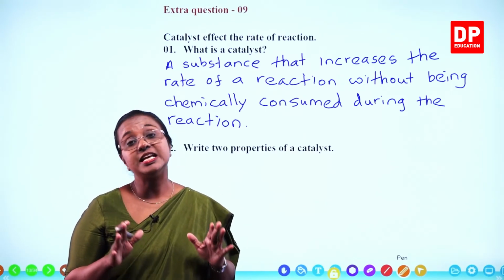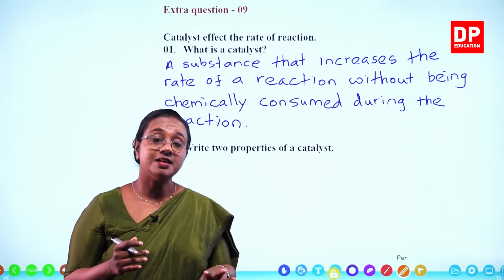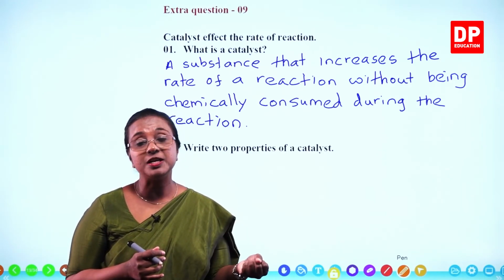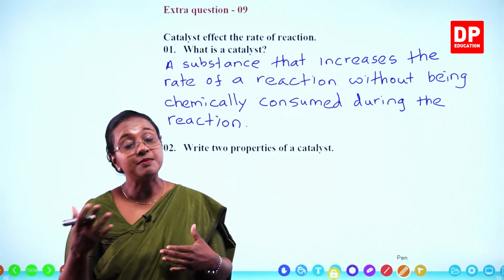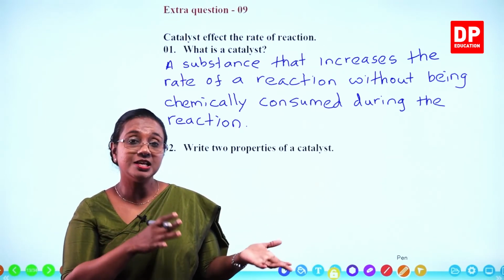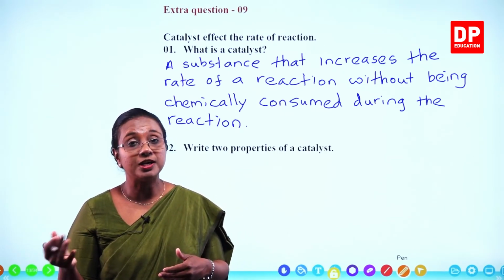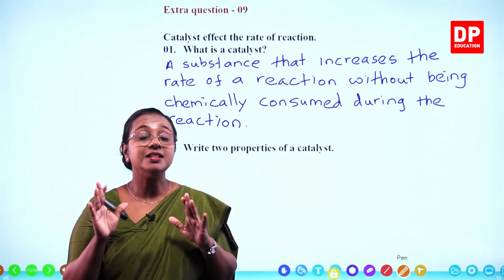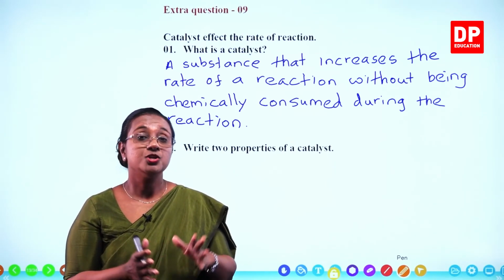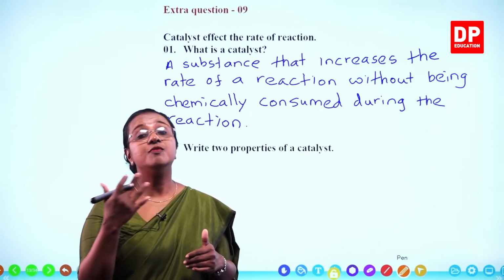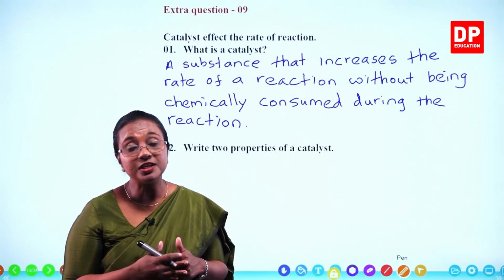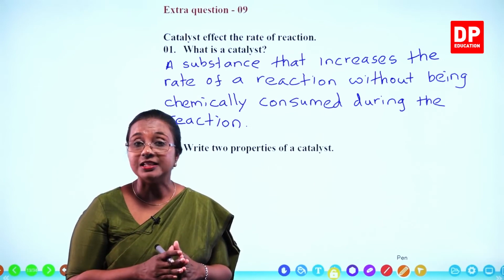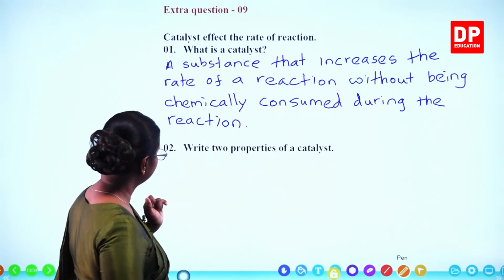Their physical nature can change. Like I said before, if you use a chunk of a particular catalyst, it can become powder. The solid chips can become powder, or the powder, the physical nature can change. But they are not chemically consumed. So, what you take initially will remain at the end of the reaction. So, those are the properties of a catalyst.